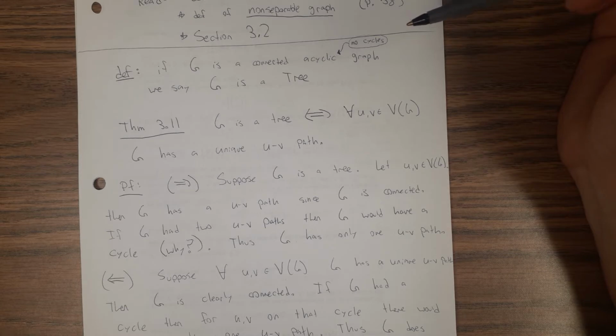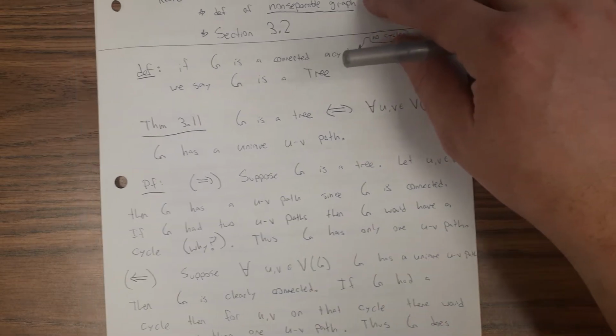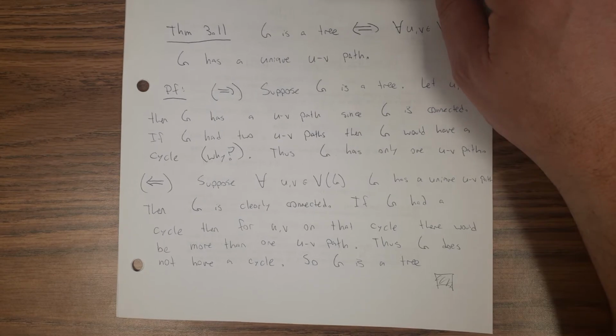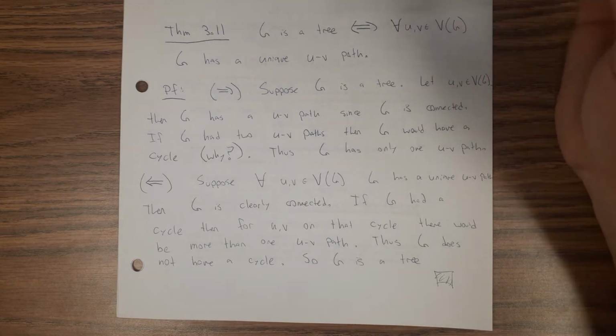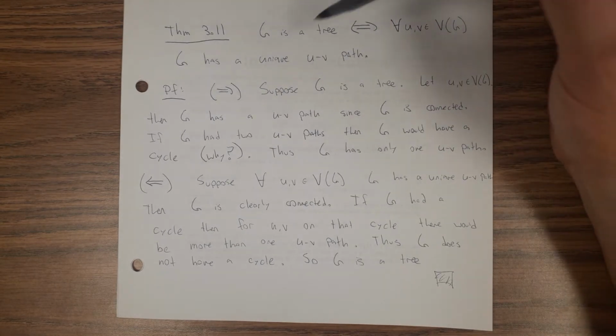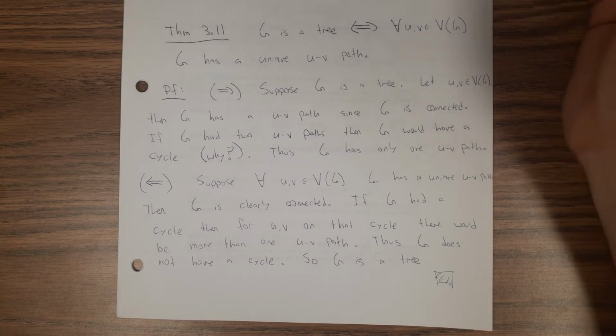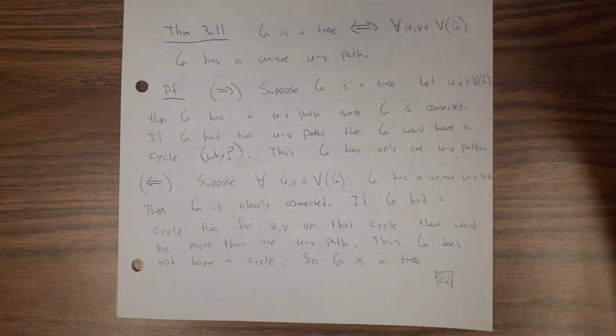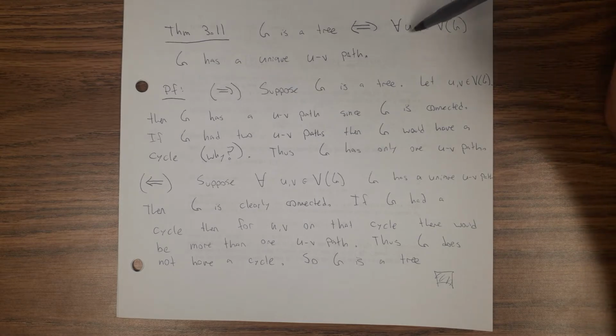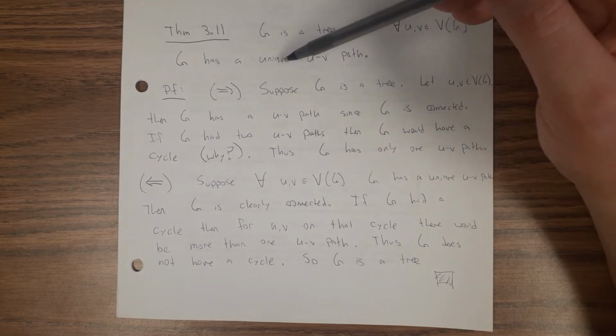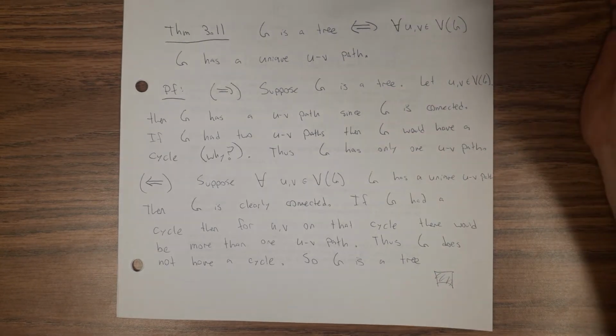And the first thing that I want to state and prove is Theorem 3.11, which is that G is a tree according to the above definition if and only if we have the following: for all vertices U and V, the graph has a unique UV path. Unique meaning there's only one.